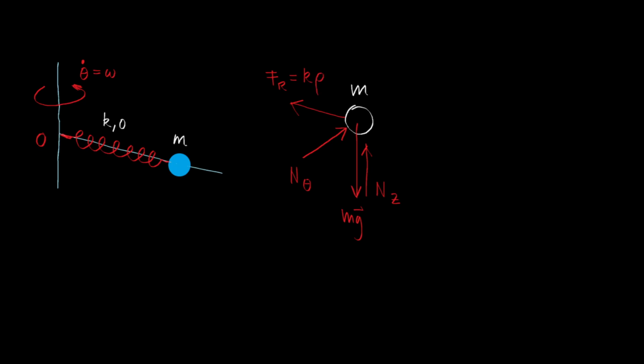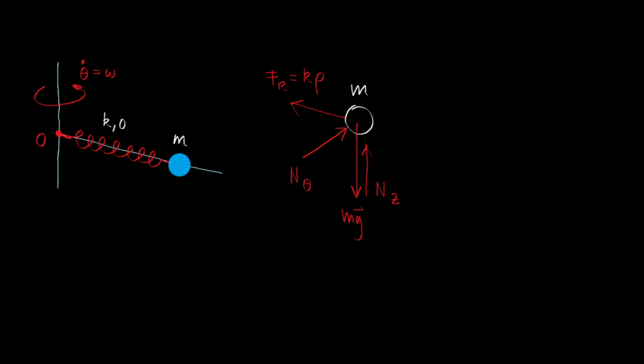I will use the Greek letter rho to denote the distance of the mass to the origin of the system, which is the point O. The point O will be the origin of our system. Theta will denote, in this case, the rotation of this bar.